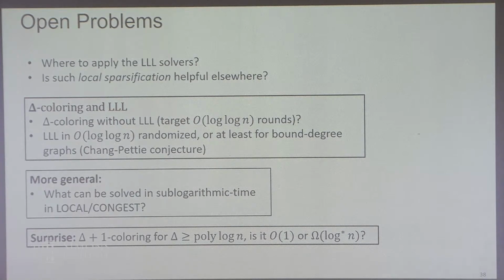It can be extended to constant degree graphs, but it totally fails for large delta. So I really wonder whether we can solve this problem in constant time or not. And I'd say answering this will give us a lot of new techniques, even though it's such a simple question. So thank you very much.